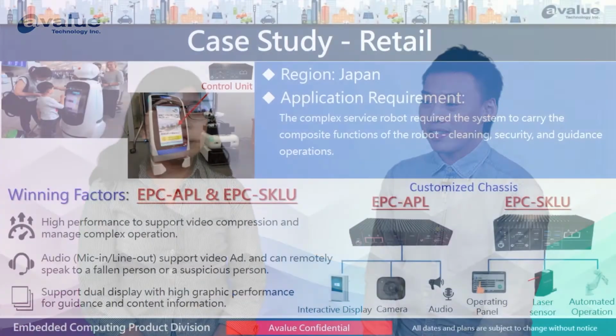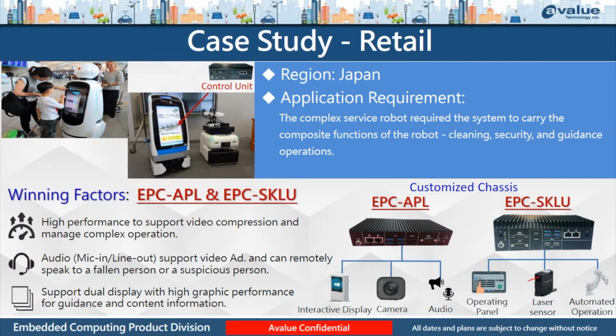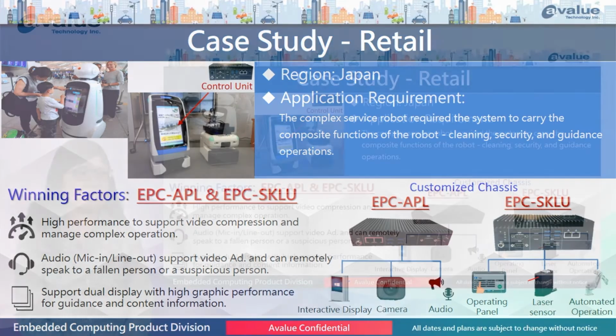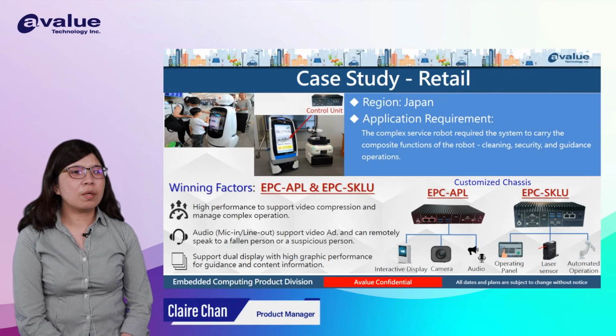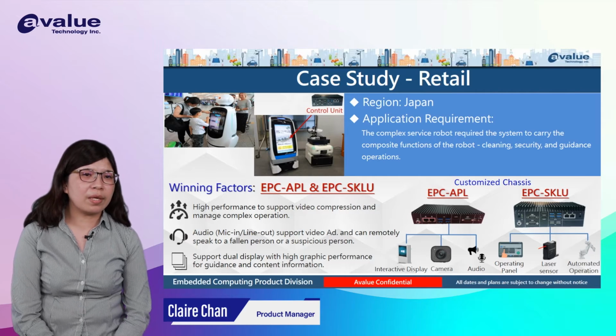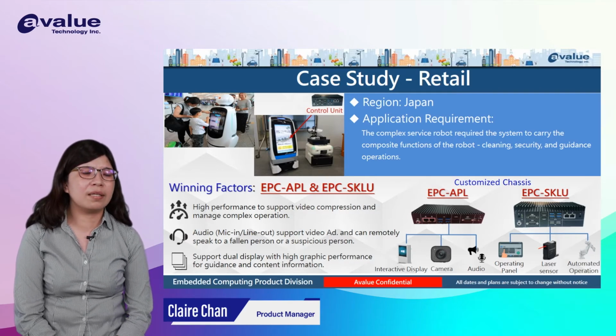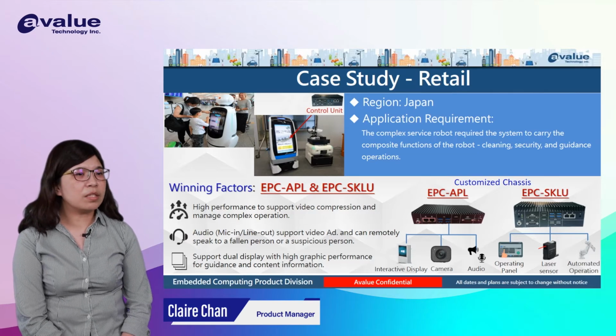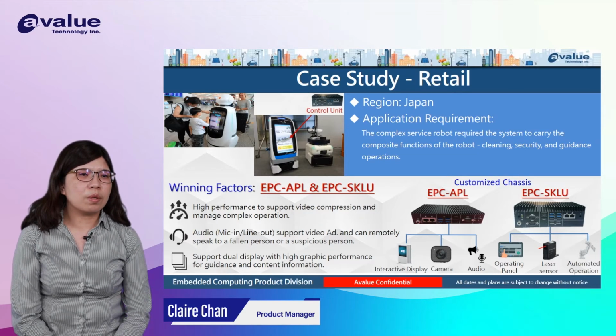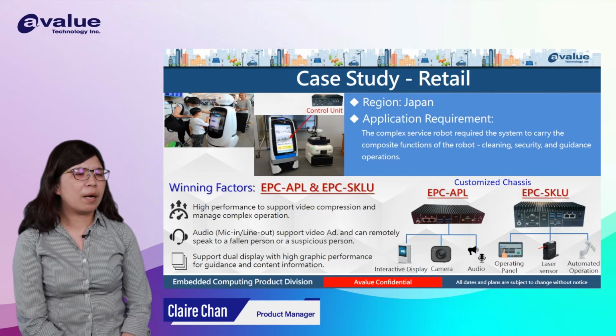Yes, to address the trend of labor shortage, our customer developed a complex service robot that supports cleaning, security, and guidance. The robot has an automatic recharging function, so it can operate continuously day and night without any delay in work. In addition, the robot can automatically avoid people and obstacles.